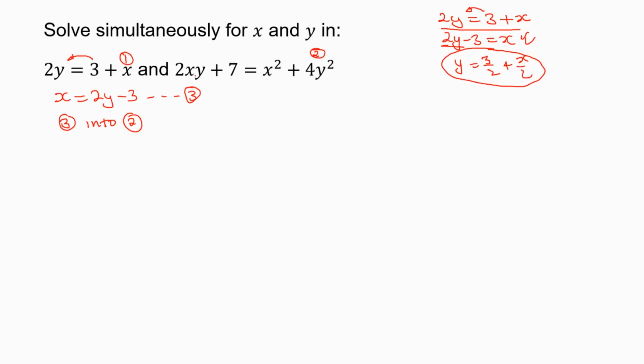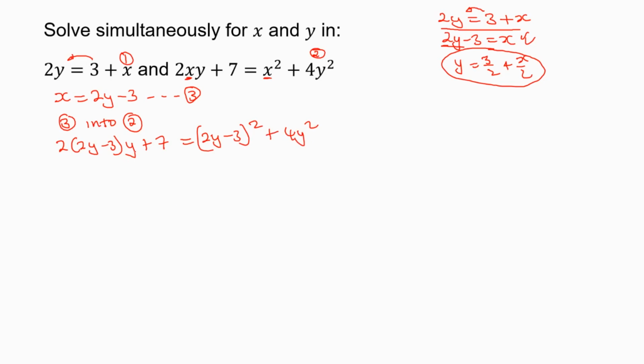So where there's x, we're going to put 2y minus 3. So it's going to be 2 times (2y minus 3) times y, see, we've replaced x there, plus 7 is equal to (2y minus 3) squared plus 4y squared. You see that? Okay, what do we do next?